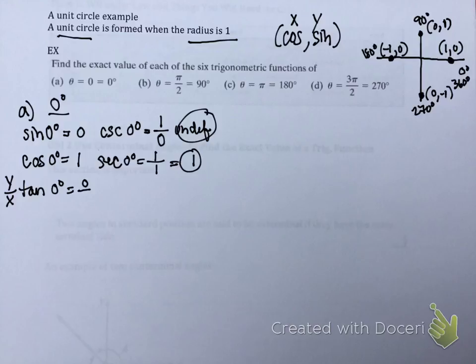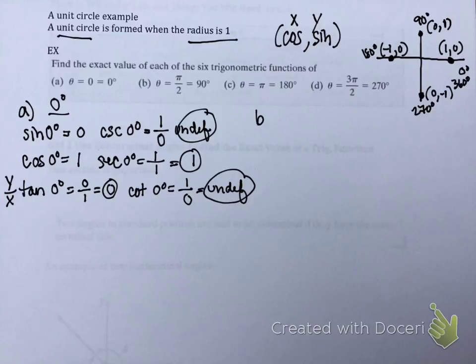Sine is 0, cosine is 1. That equals 0. Cotangent is the reciprocal function of tangent. So if we flip that over, we get 1 over 0, which is undefined. When we learn about the graphs of these, you're going to see that there are holes in the graph for cosecant and cotangent at 0.